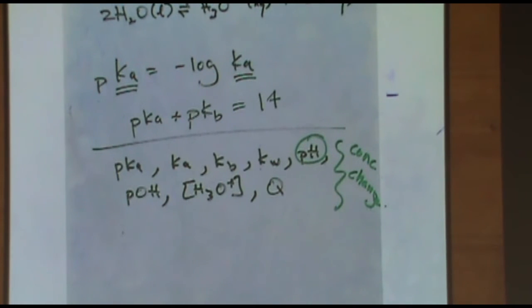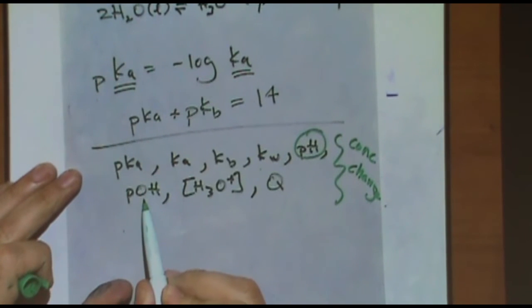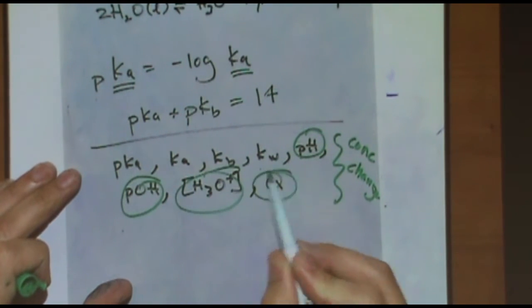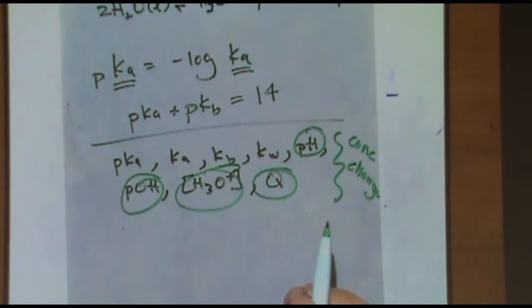So can a strong acid have a pH near 7? Yes, if you have a really, really low concentration of the hydronium ion. You can get a pH of 6.99 for a strong acid. Affected by concentration? Yes. So know what's affected and what's not. The K's are constant, so they're not going to change.